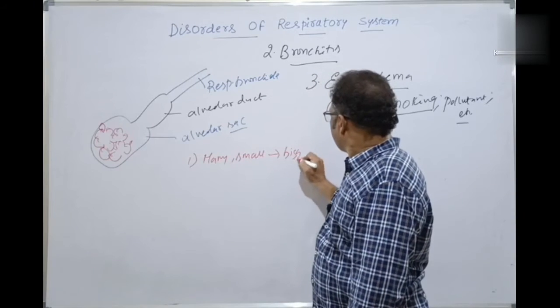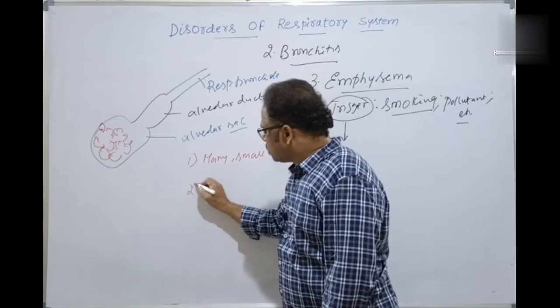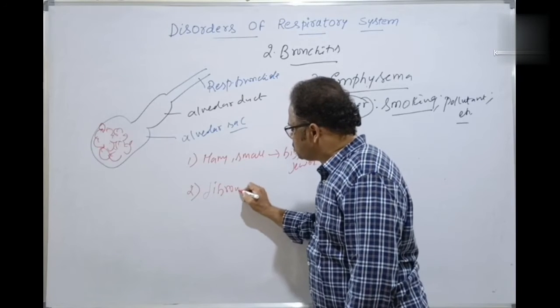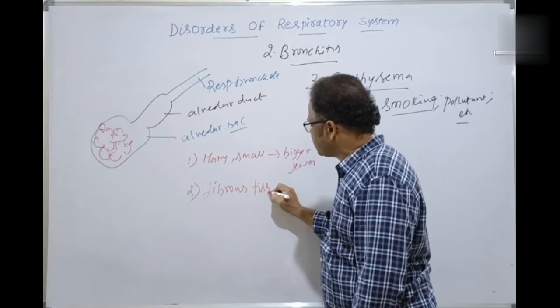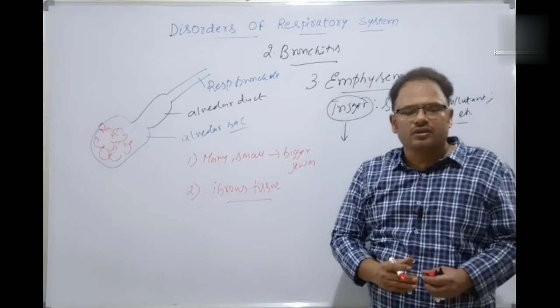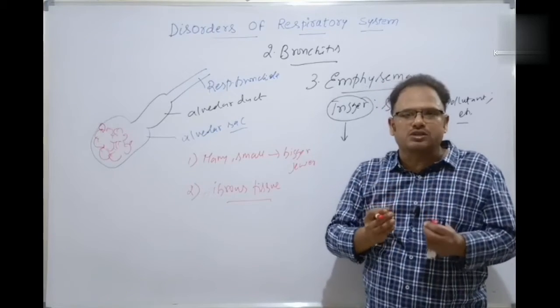Bigger, fewer alveoli. That is number one. Number two is there is an accumulation of fibrous tissue. The fibrous tissue gets accumulated. If the fibrous tissue gets accumulated and proliferated, what is proliferation? Increase of number is called proliferation.